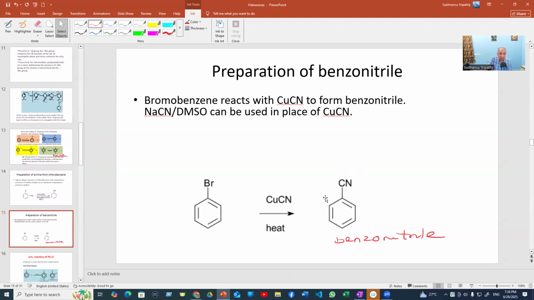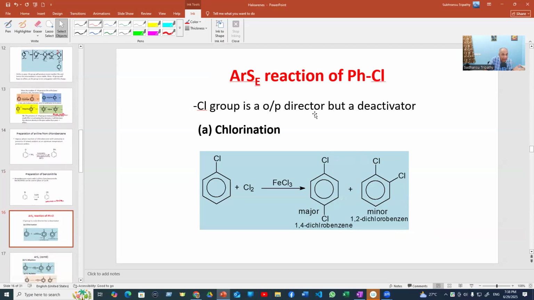You can also get cyanobenzene with cuprous cyanide. In the same manner, it's difficult, but it is possible. And then we are now studying the ARSC of chlorobenzene, where chloro will be a host group, it will remain. Other electrophile will join. Here chloride is not the leaving group, it is a host group.